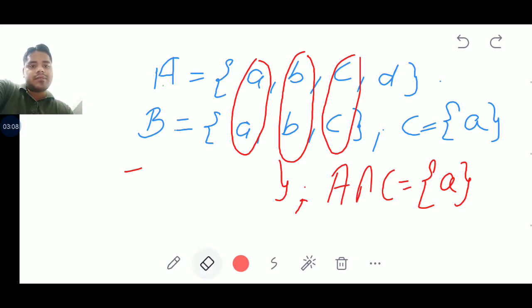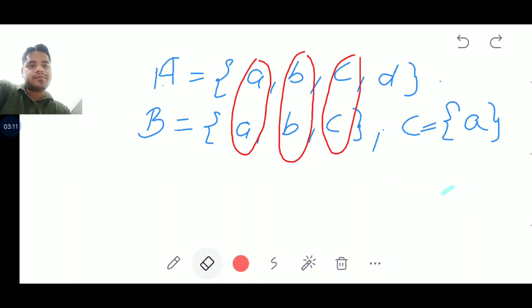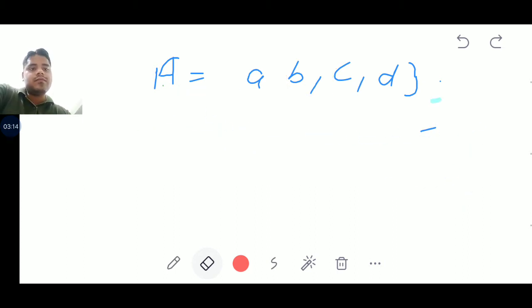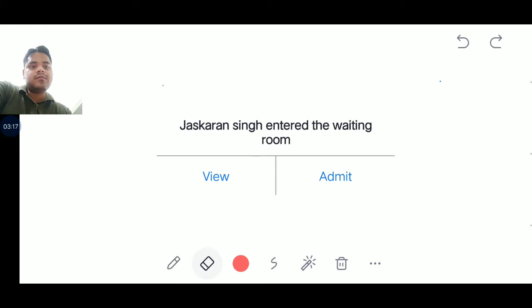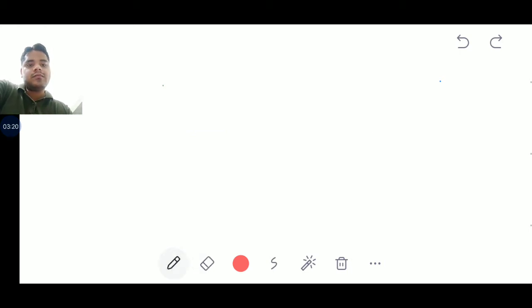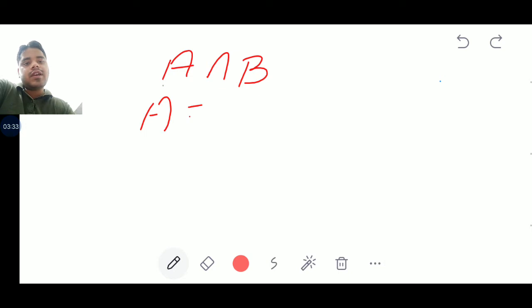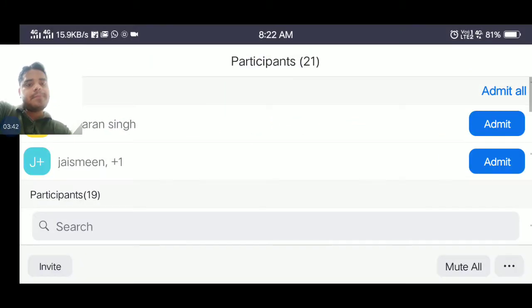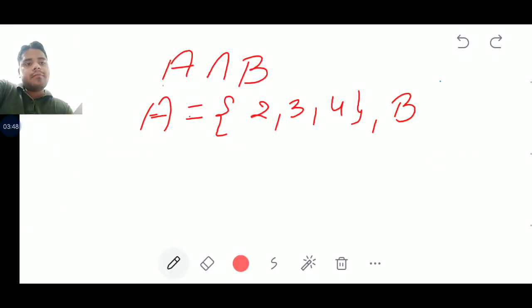So let's take another example. If I take a set A, its intersection with B I have to find, where A is equal to {2, 3, 4} and B is equal to {5, 6}.